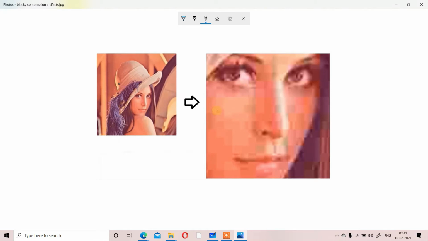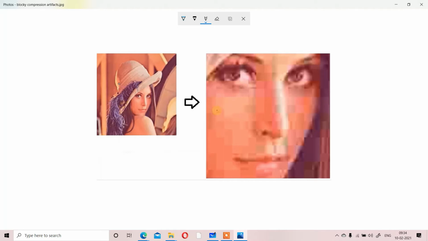Due to the zooming, you can see a small block over the image. Can you view that part? Is that small block visible? Yes, sir. These blocks appear because they are subsets of the image.